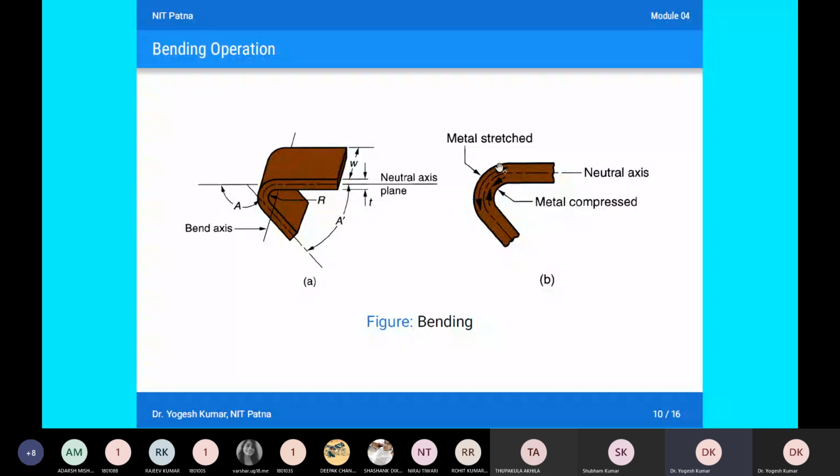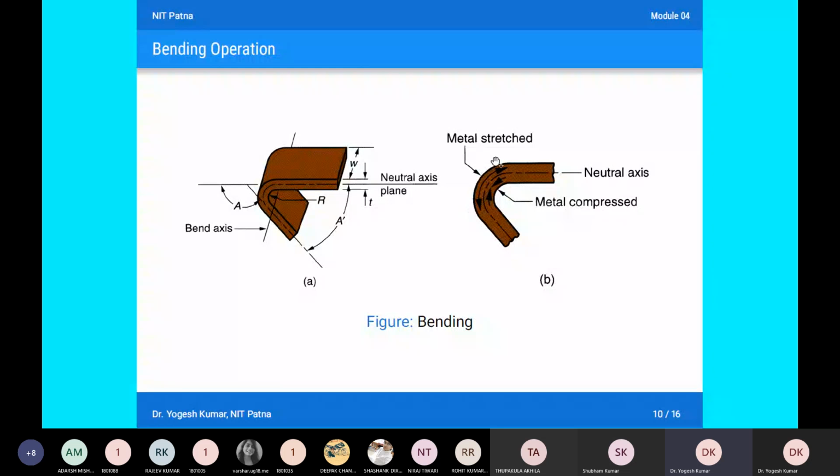Here we can see there is a combination of stresses, that is, tensile stresses as well as compressive stresses, in the bending operation. Because on this side there are tensile stresses and on the other side we have compressive stresses, there must be some line on which there is no stress.